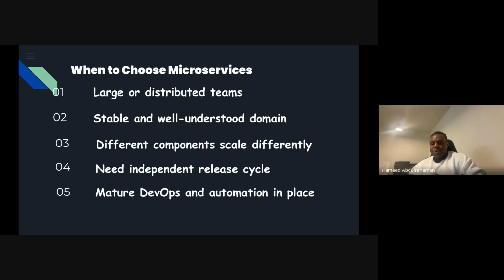You have the DevOps engineers that could understand the logs, monitoring, and tracing in the event of failure or incident in any of the services. So it's important to think about how this automation and DevOps ability of your team is well grounded before moving into microservices.